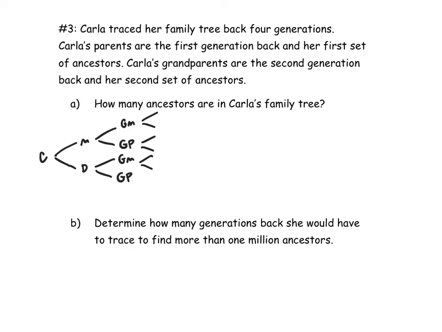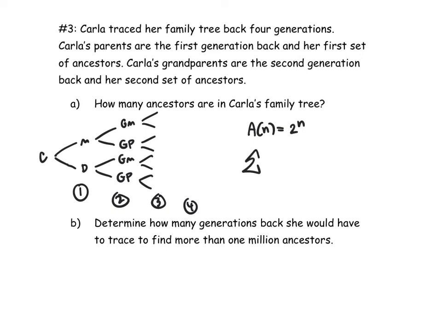So as we go, here's generation 1, here's generation 2, we're going to go out to 3 and out to 4. Now I don't want to do the actual calculation there. However, what we do know is that each generation, the number of ancestors doubles. So the total number of ancestors in the generation n would be 2 to the n.